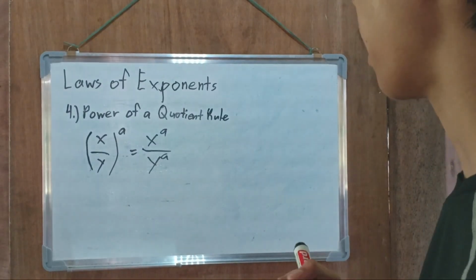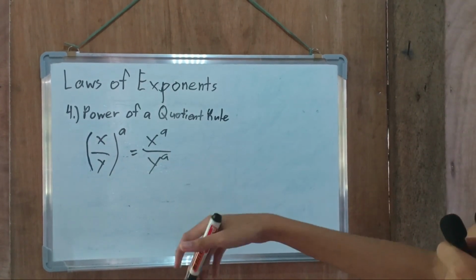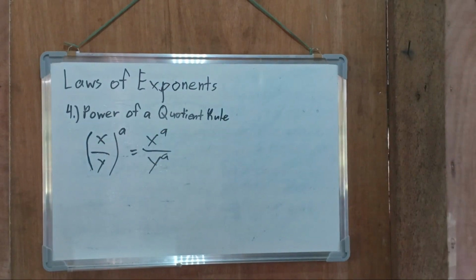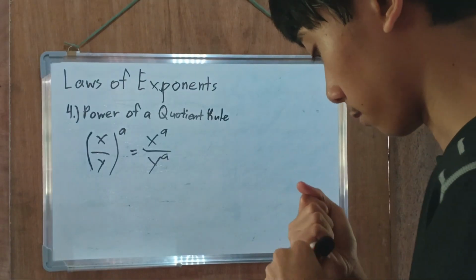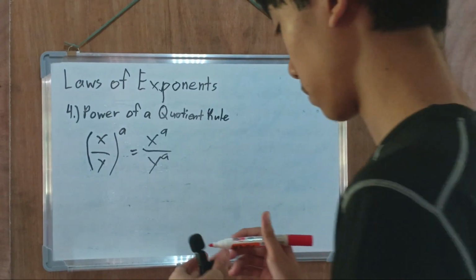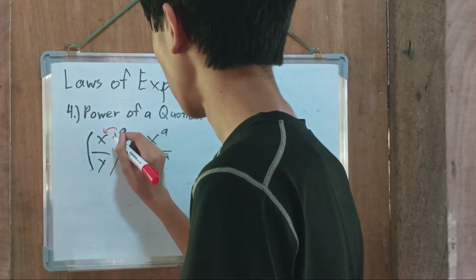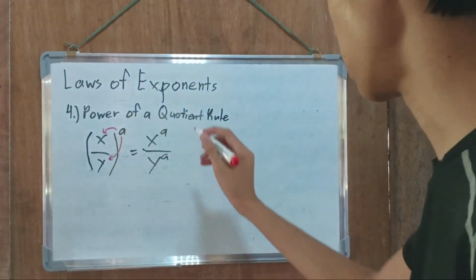This time, a is distributed to the numerator and the denominator. I'm just going to write it just in case. That's why we got this answer.